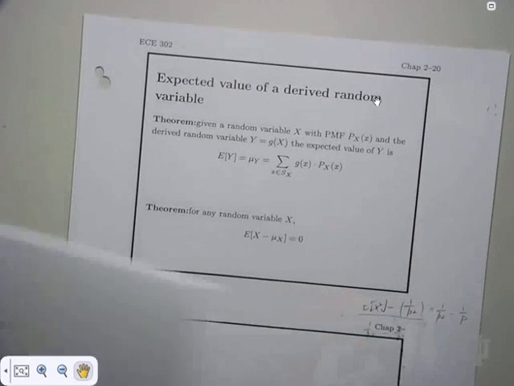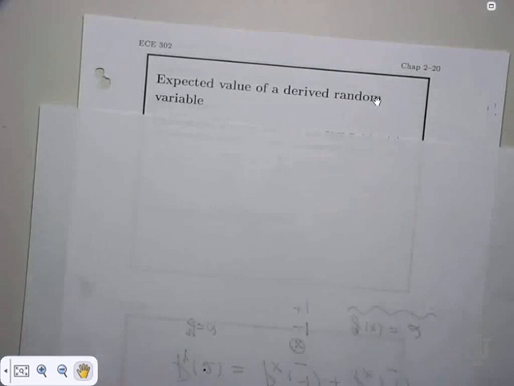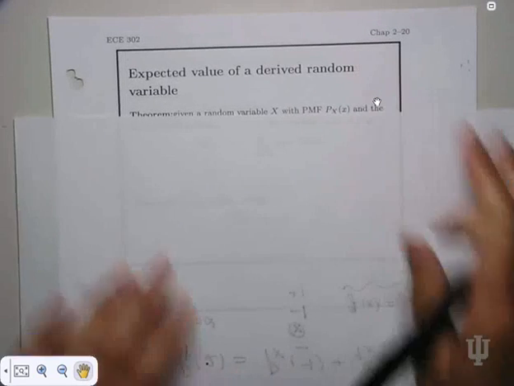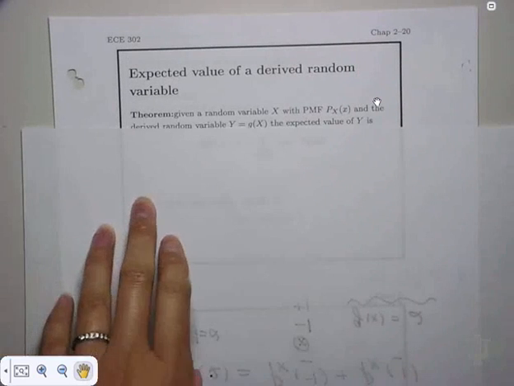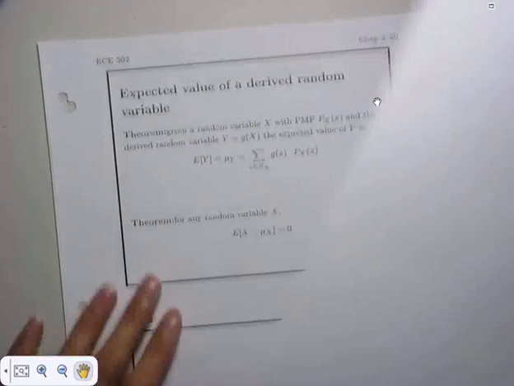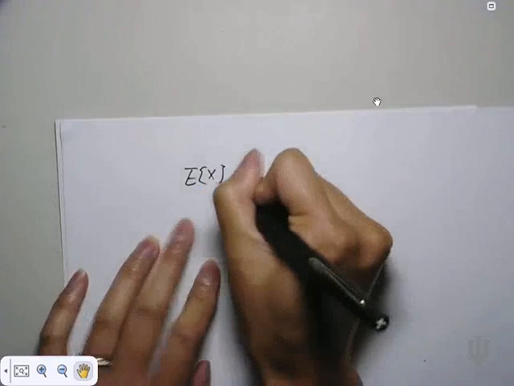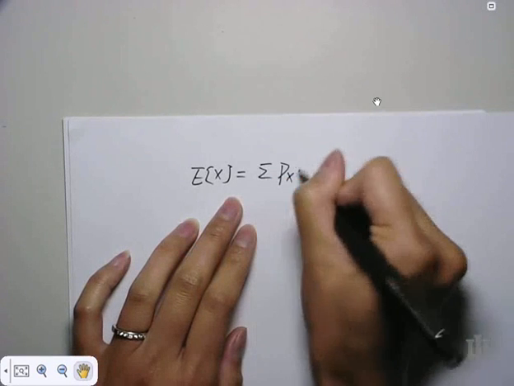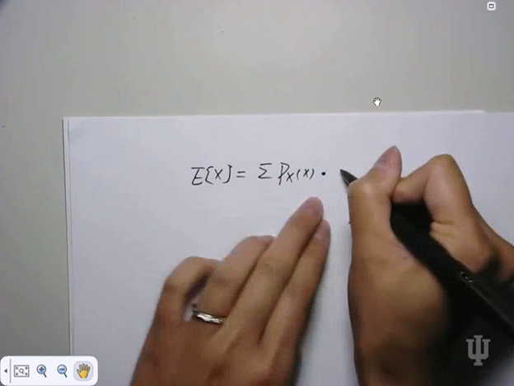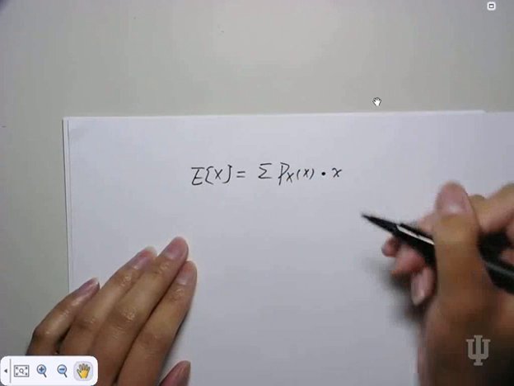We learned the expected value of a random variable, if you still remember: probability times little x, right?